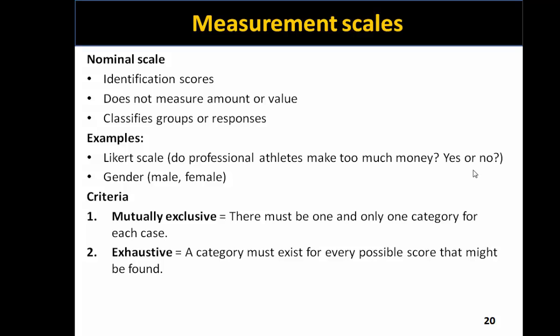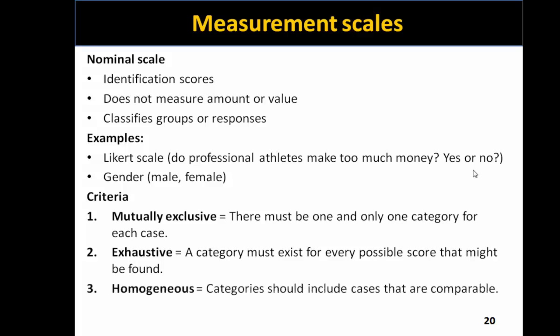So we have a finite number of categories from which we can place the outcome of our survey or our questionnaire, and it must be homogeneous. So each category should include cases that are comparable, and we'll see where this is potentially problematic if we use a simple yes/no option for asking the question, do professional athletes make too much money?